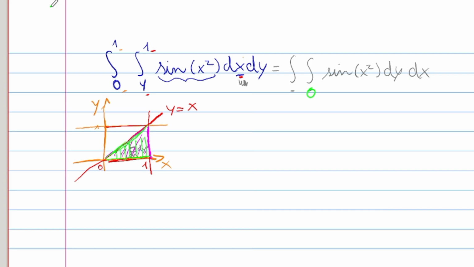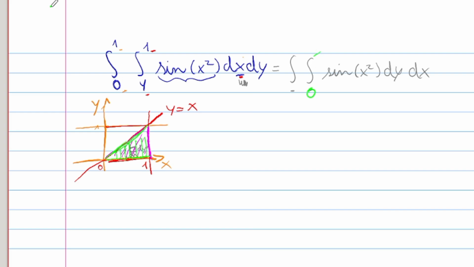The graph is described by y equals x. I shouldn't put y here, because we're integrating with respect to y, so I need to put something different from y.